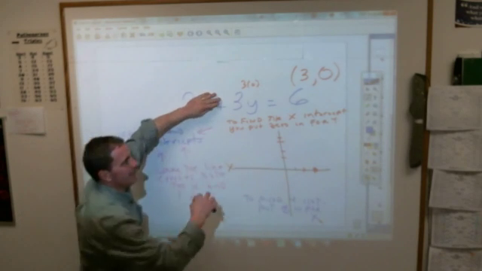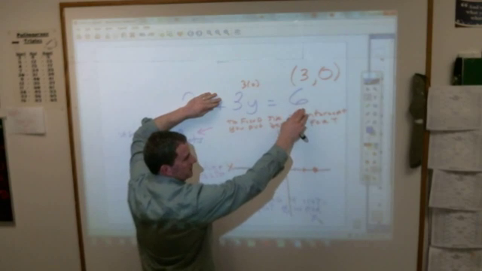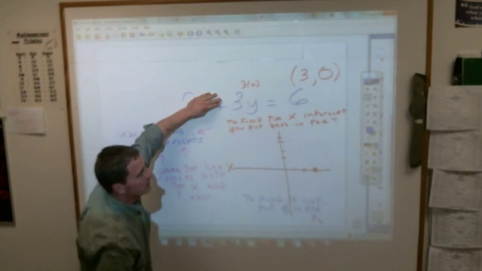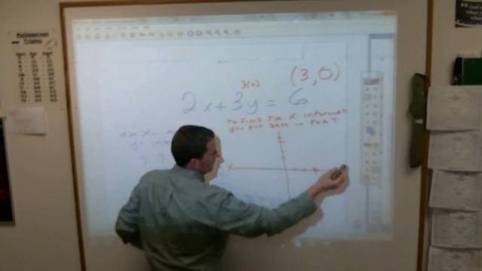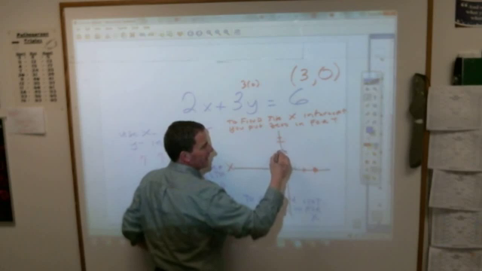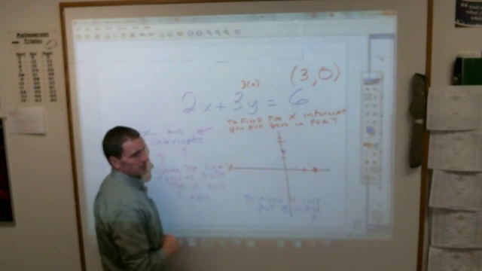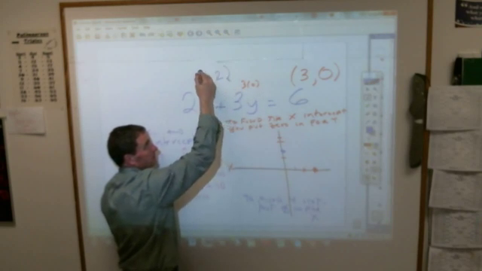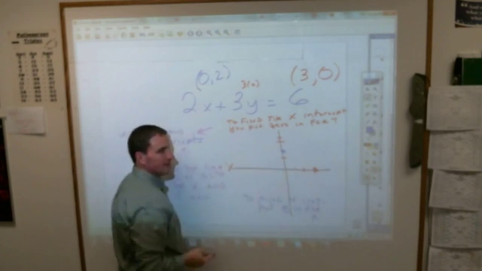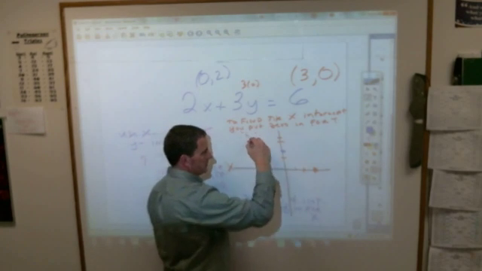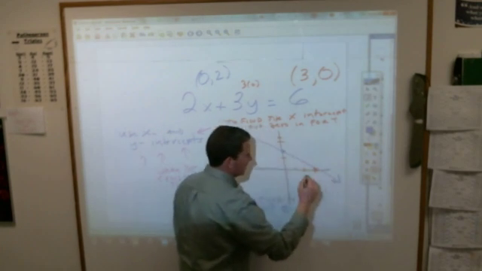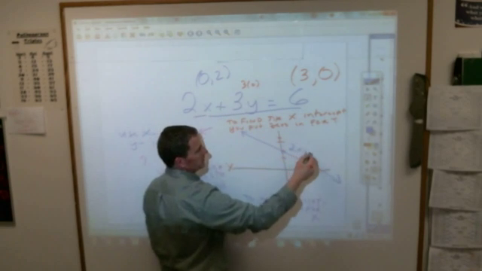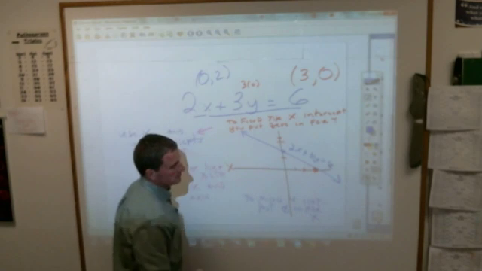It goes away, and I'm just left with 3y equals 6. If 3y equals 6, what does y have to equal? 3 times what number is 6? 2. So where y is 2 on the y-axis, I have the y-intercept. If you want to see the point, I put 0 in for x, and I got 2 for y. Once you have 2 points, that's all you need to draw your line. This is the graph of the line 2x plus 3y equals 6.